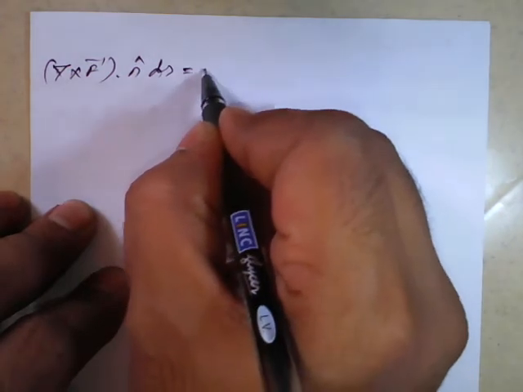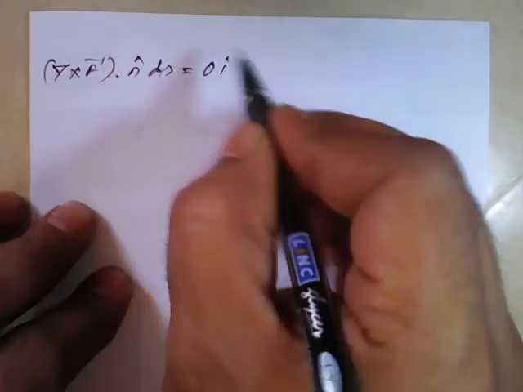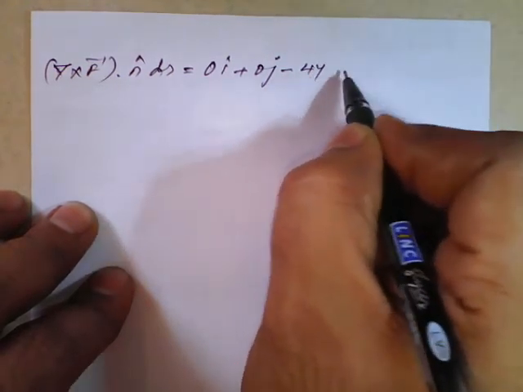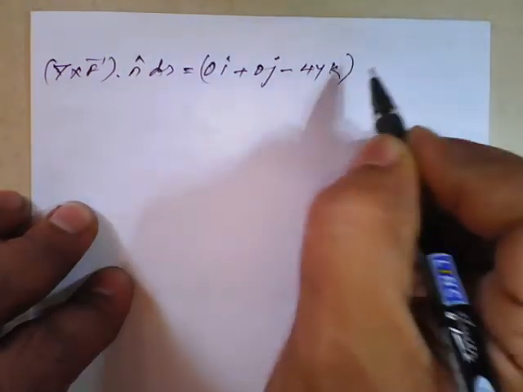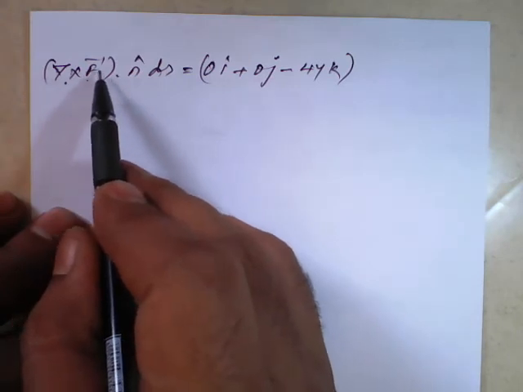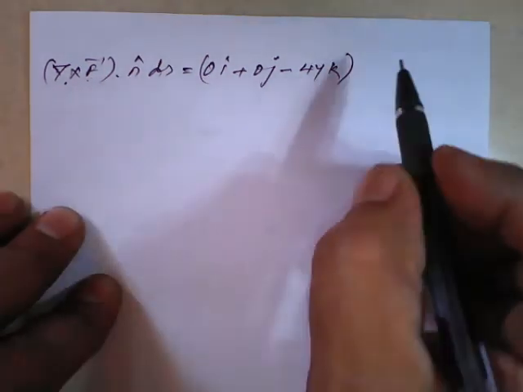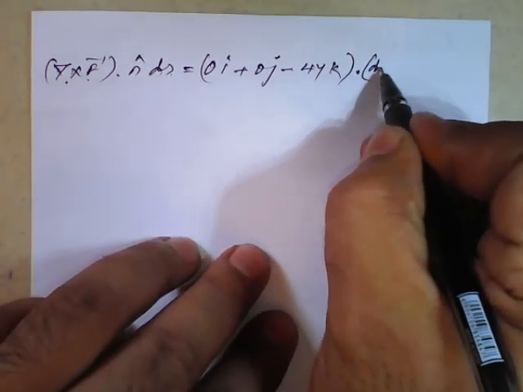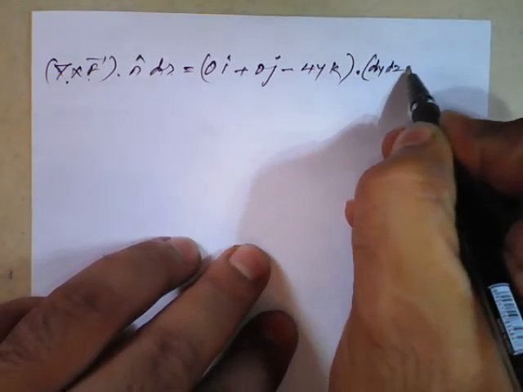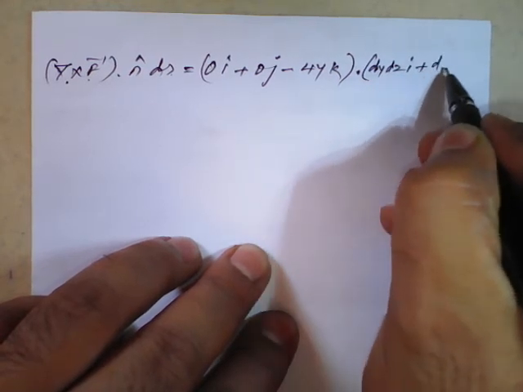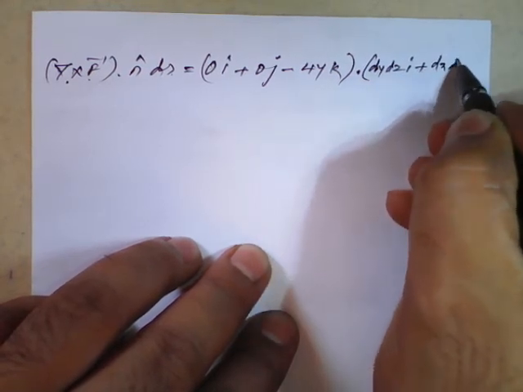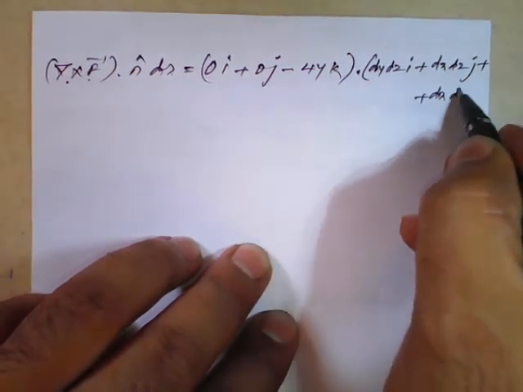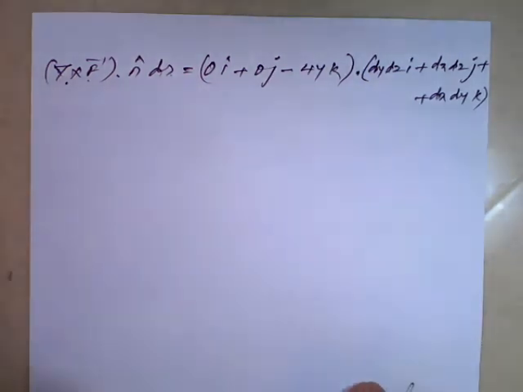We have del cross vector f as 0i plus 0j minus 4y of vector k, and n cap ds is dy dz of i plus dx dz of j plus dx dy of k.